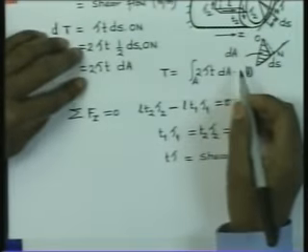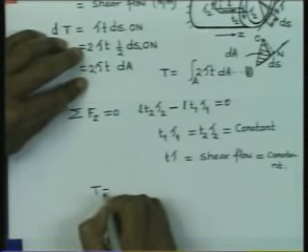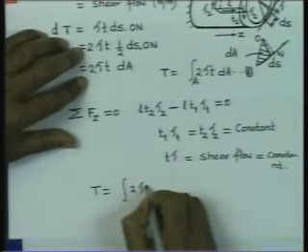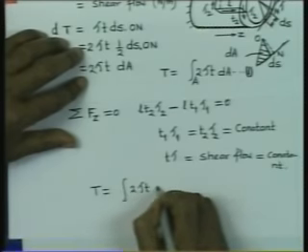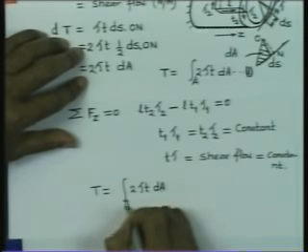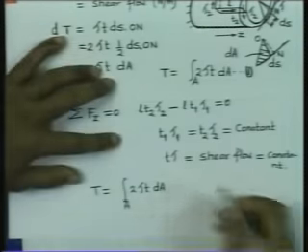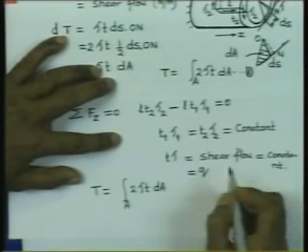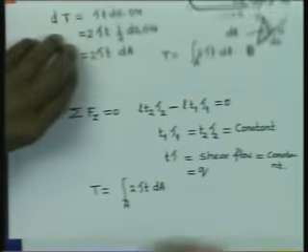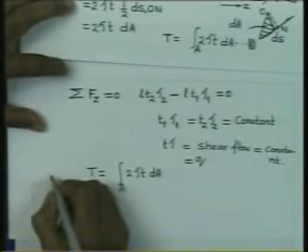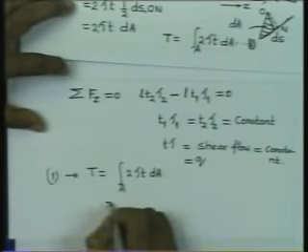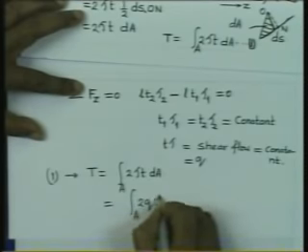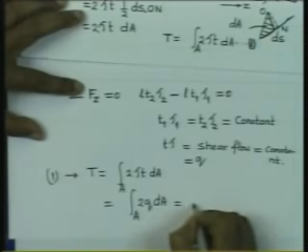Getting back to relation 1, we have T is equal to the integral of 2 times t into tau into t into dA, and this is over the whole cross section. If we represent this shear flow as q, let us say shear flow is q, then from 1 we have the integral of 2q dA, and q is constant.